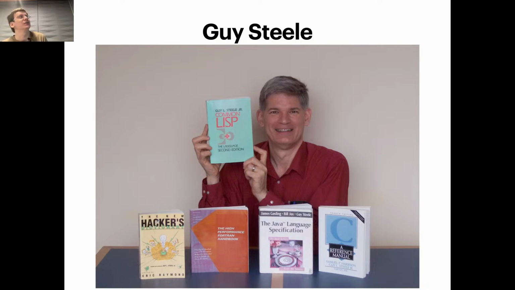Yeah, I have this book. It's Common Lisp, the Language, second edition, and around him other books he worked on. So he also worked on Java, and he wrote a book about C and Fortran and the Hacker's Dictionary, which is pretty cool. So yeah, very prolific person, made a lot of things.